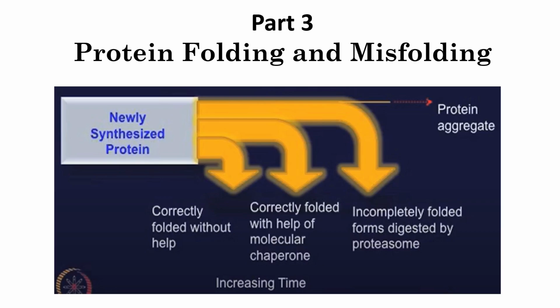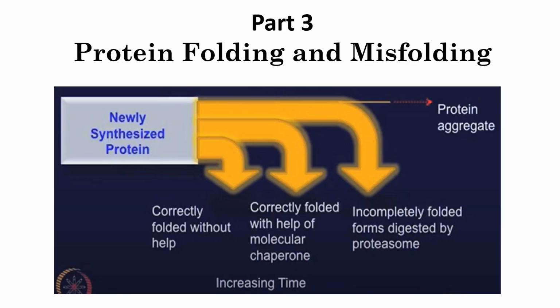A protein can take a number of different shapes, but only one shape is stable and functional. If it is incompletely folded, it is generally digested by the proteasome, because it will be non-functional anyway.